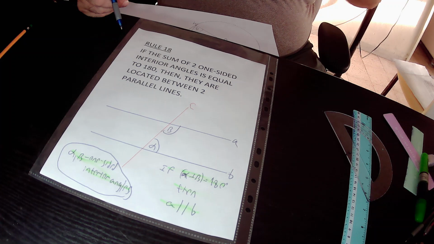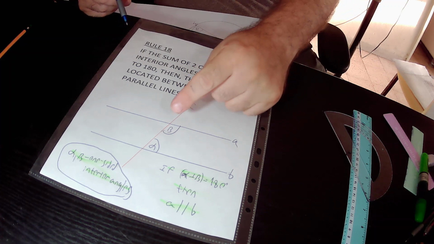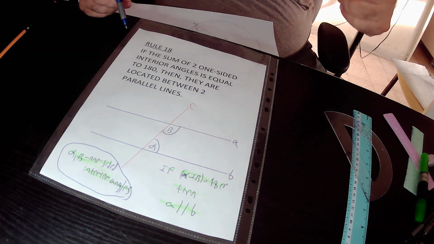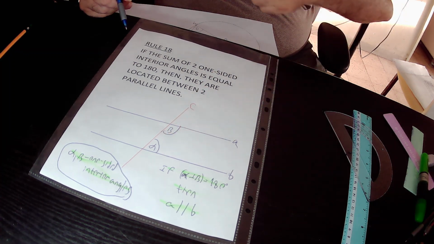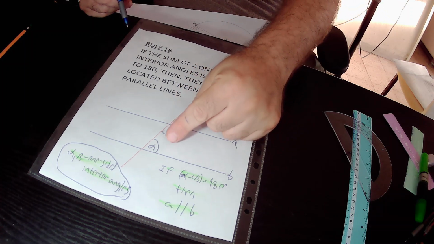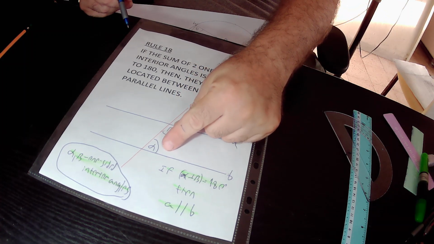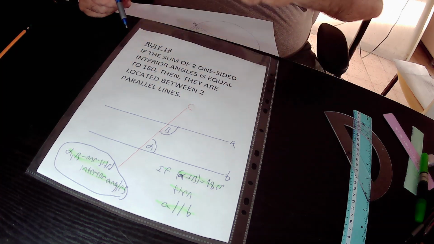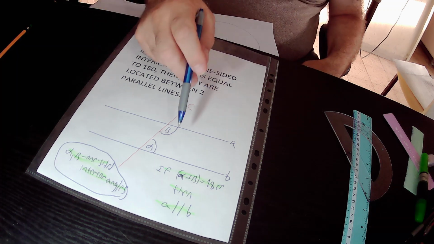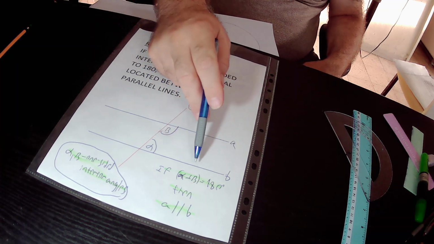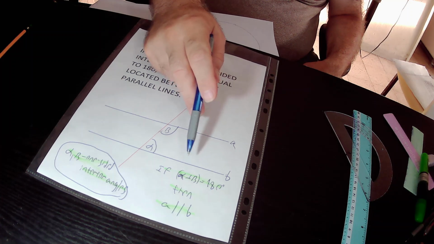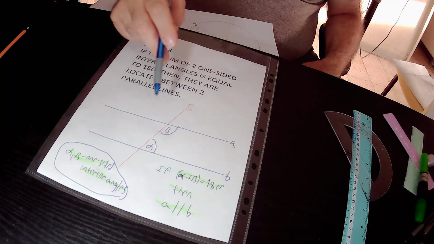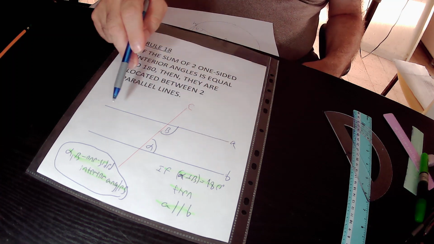And according to rule 18, if the sum of those two one-sided interangles is equal to 180 degrees, then they must be located between parallel lines. That is to say, if alpha plus beta is equal to 180 degrees, then line A must be parallel to line B.